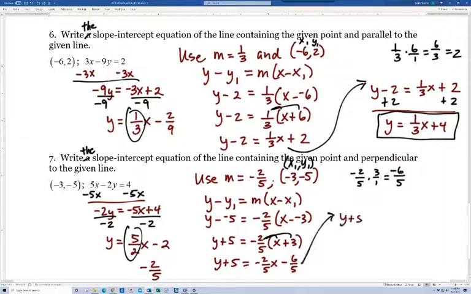So let me go ahead and move this over to the right. And the only thing left to do is add 5 to both sides. So on the left we have y is equal to negative 2/5 x. And then negative 6/5 minus 5. Well, the way that you would do that is, let's go ahead and write negative 6/5, and we're going to subtract 5. I'm going to write 5 as 5 over 1 because I need to change this so that this fraction has a denominator of 5.